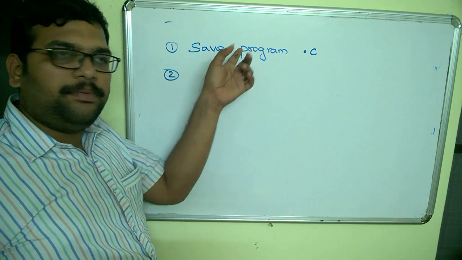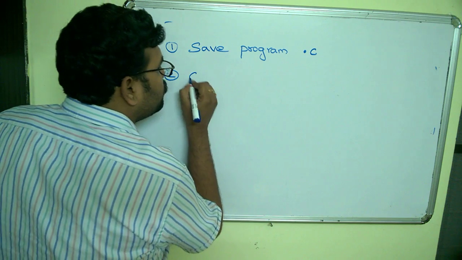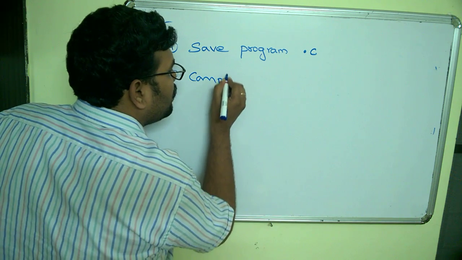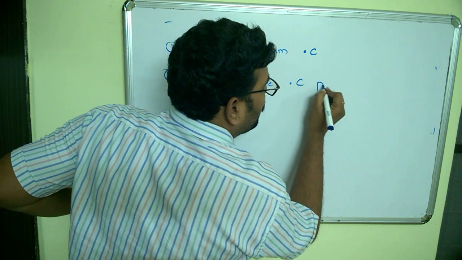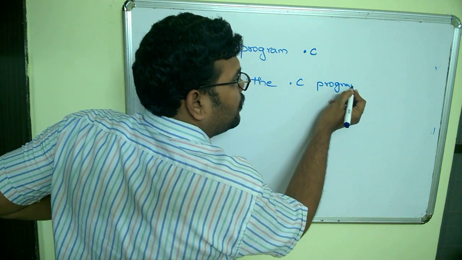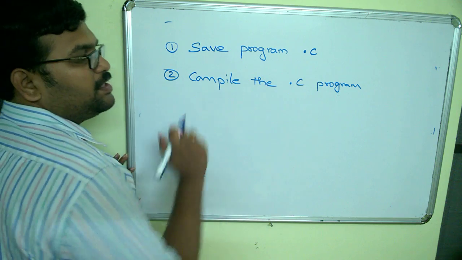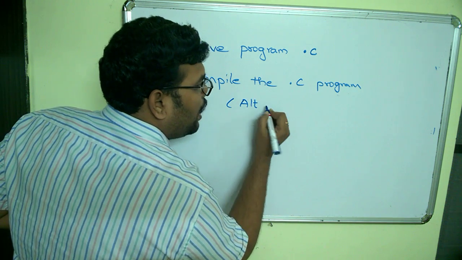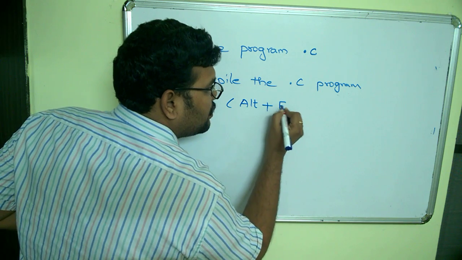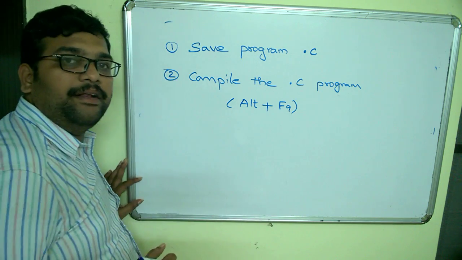After this, the second step is we have to compile the .c program. For this compilation, we can use Alt plus function key F9 in our compiler.